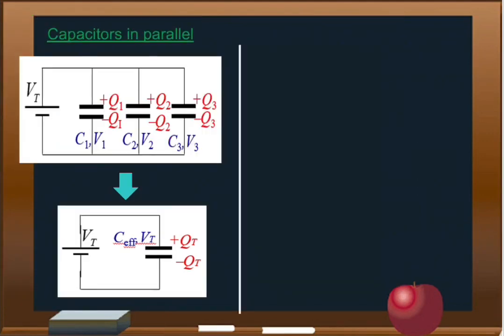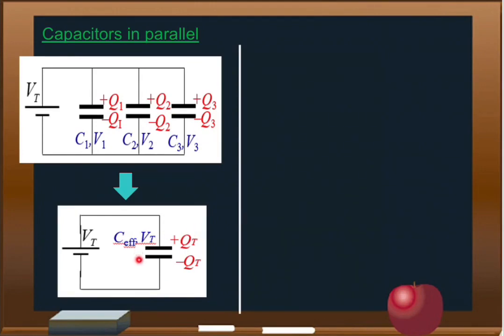C5. Now we are going to look at capacitors which are connected in parallel. The combination of these three capacitors which are connected in parallel is actually equivalent to this diagram here. So the new capacitance here is the combination of these three capacitors, and we call it the effective capacitance Cf.